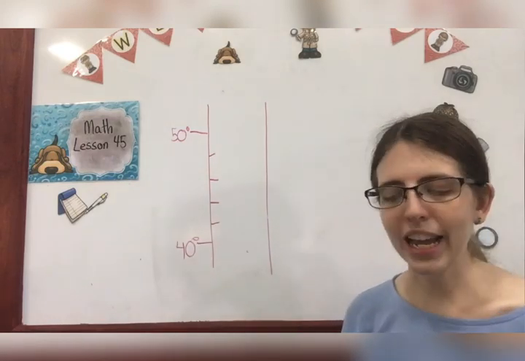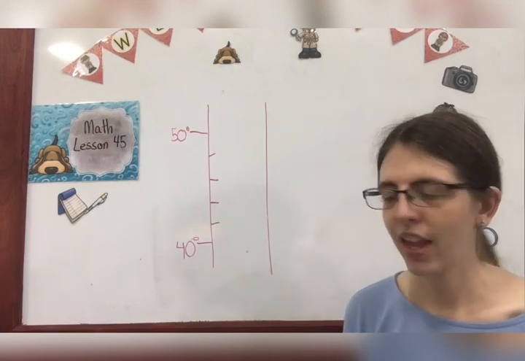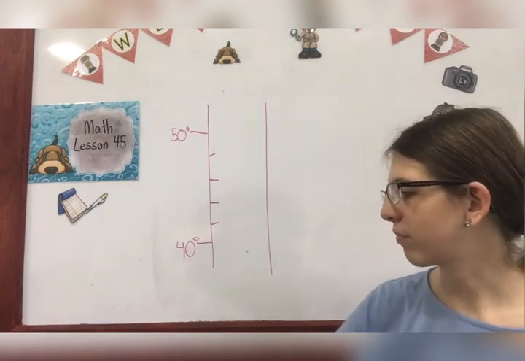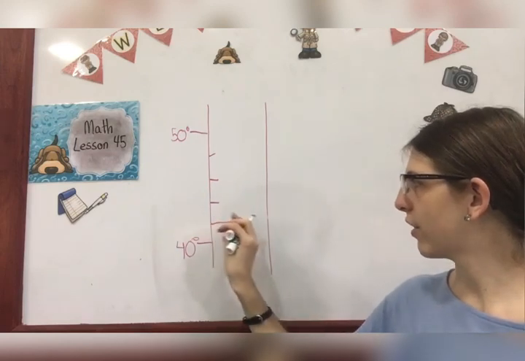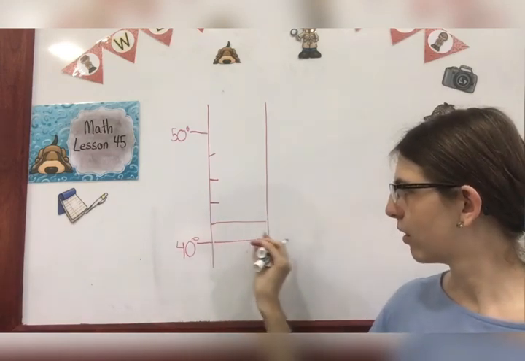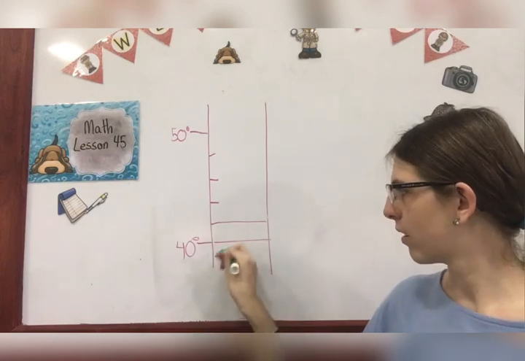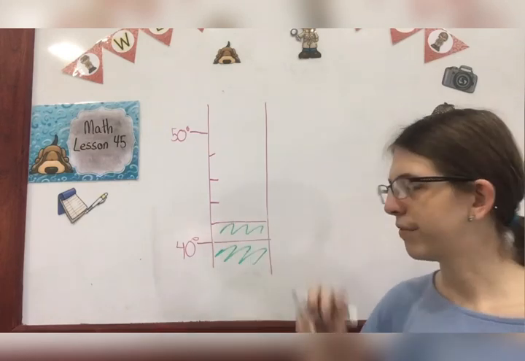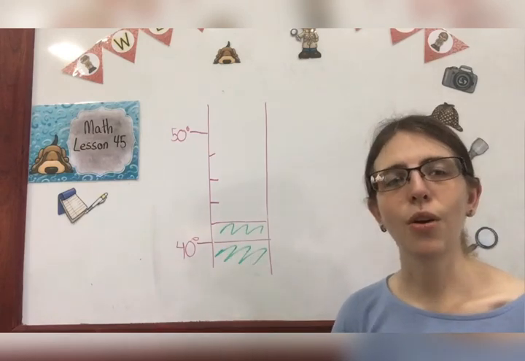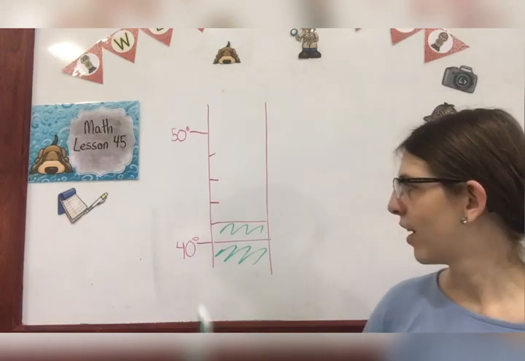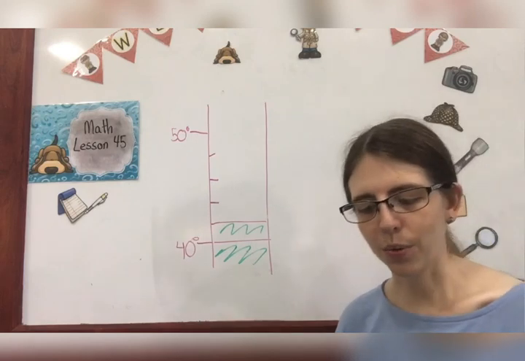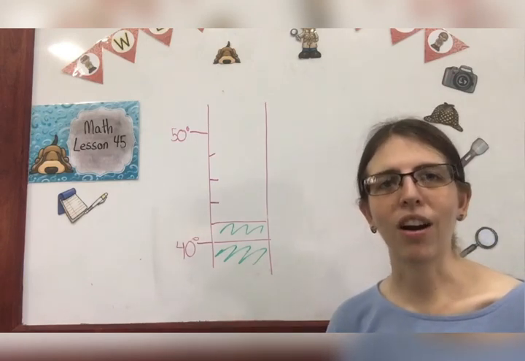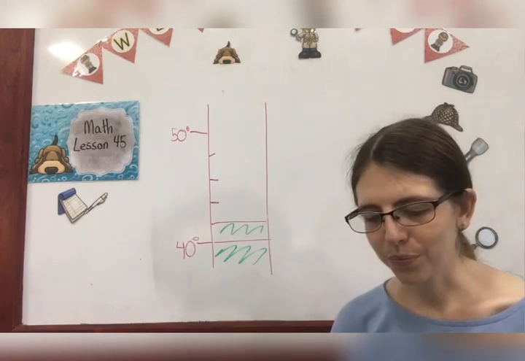So when you're reading your thermometer, the first one goes up to this first mark here. Like that. So how many degrees is that? 40, 42. So letter A of number 4 is 42.